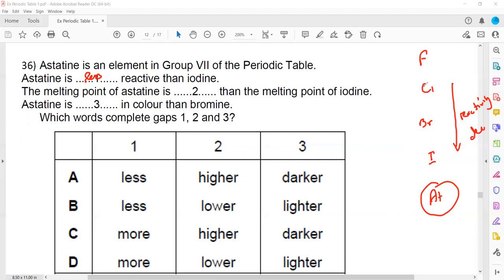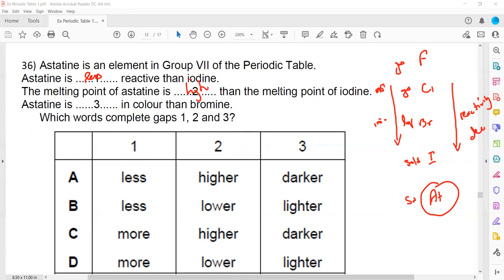The melting point, as we go down: the first two are gases, then chlorine is a gas, bromine is a liquid, iodine is a solid, and astatine is also a solid. So the melting point, as we go down, increases. So astatine's melting point will be higher than iodine's.